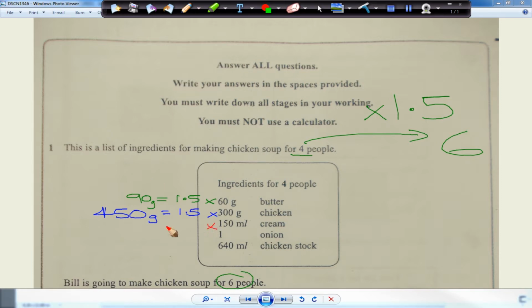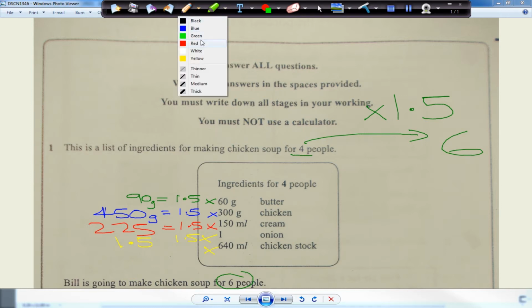Okay, the next one. 150. We multiply that by 1.5. So that will be 150 plus 75. 150 plus 75 gives us 225. Okay, next part. We've got 1 onion times 1.5. That will give us how many onions? 1.5 onions. We've got 640 milliliters of chicken stock.